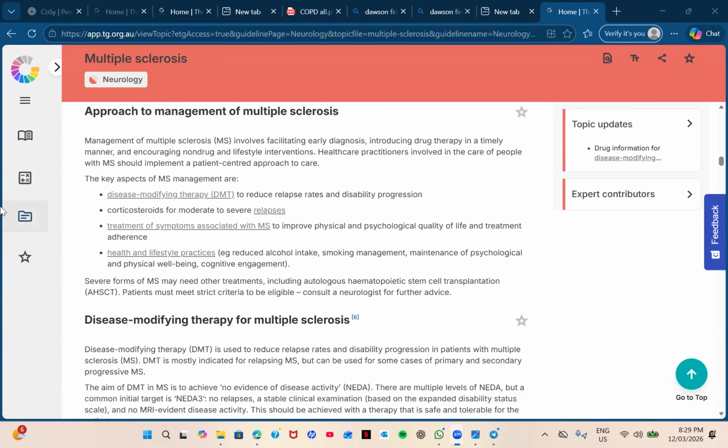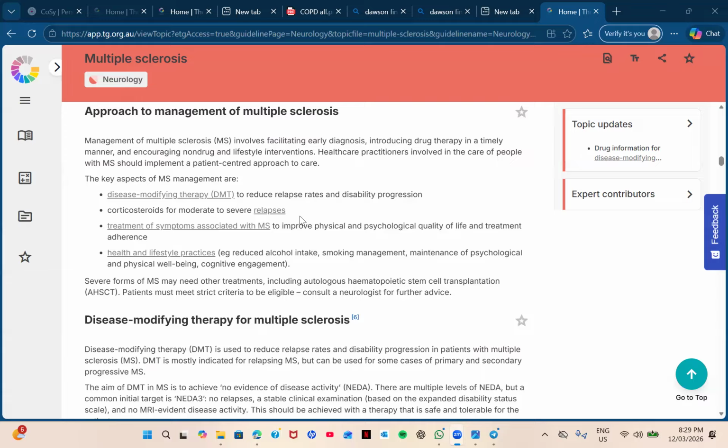Here, the key aspects of multiple sclerosis management are disease modifying therapy to reduce the relapse rate and disabling progression, right? In this case of demyelination, the mainstay of treatment is to prevent further events, right? For that we have to give disease modifying therapy, or DMT, to reduce relapse.